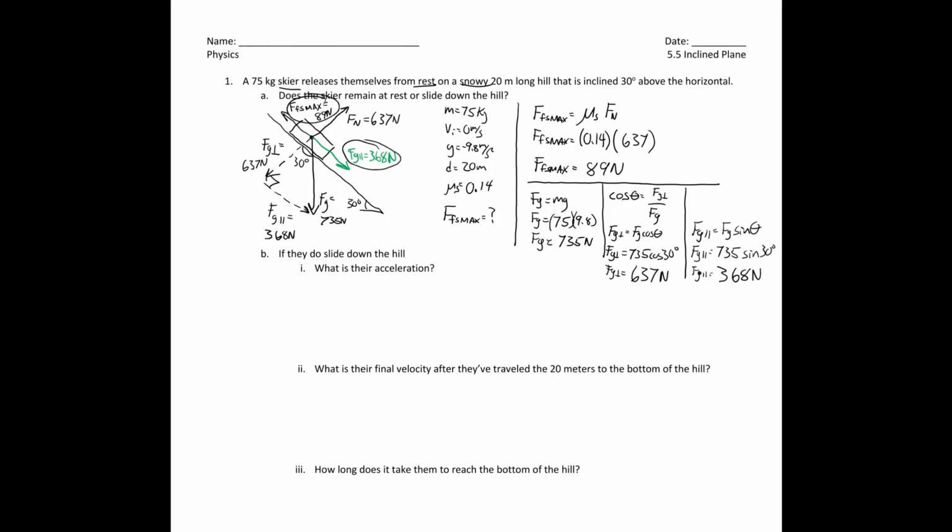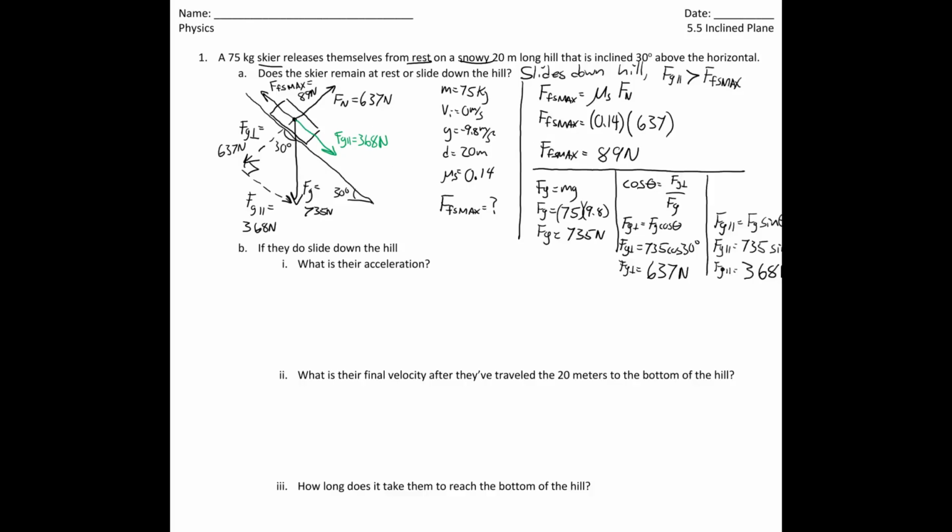Which one's bigger? That's right, Fg parallel. So they slide down the hill. It's greater than the maximum static friction. They're going to slide down the hill. Does it remain at rest or slide down the hill? Slides down the hill. Fg parallel is greater than Ffs max.